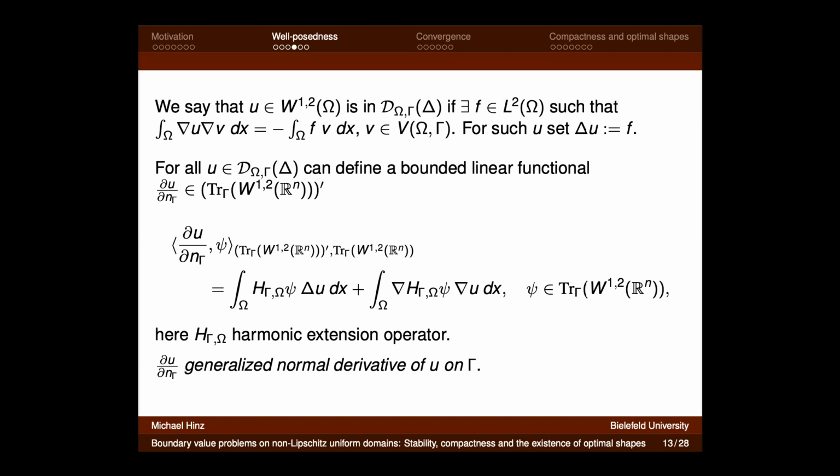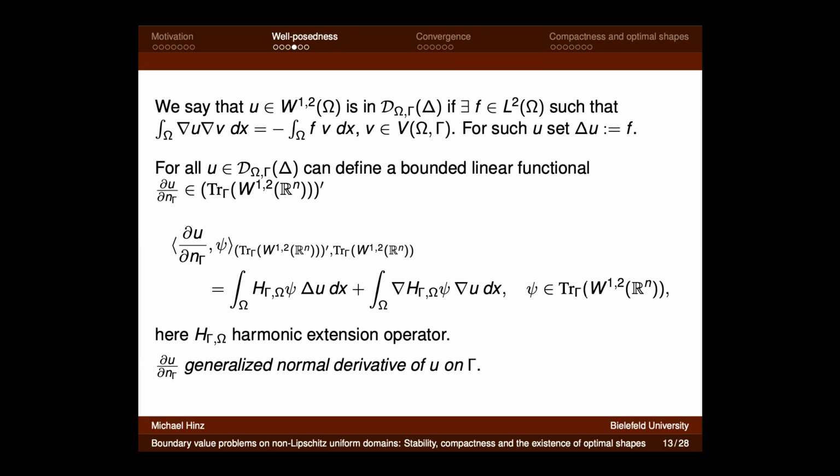Here, h_gamma^omega psi is the harmonic extension from the boundary to the inside, but actually you can take any extension. So we get also a well-defined generalized normal derivative.